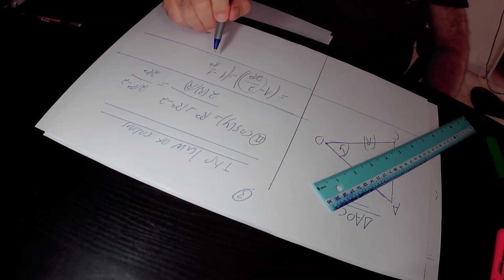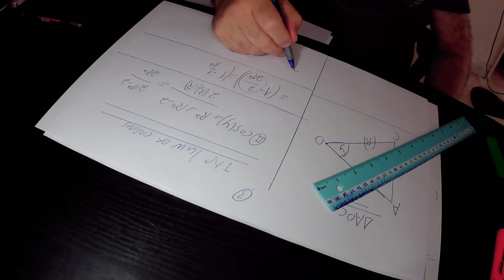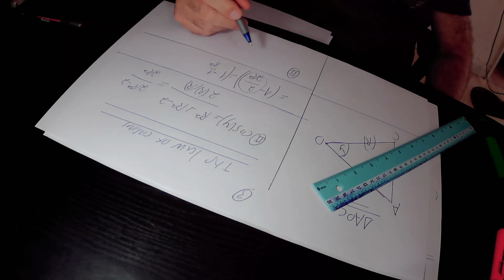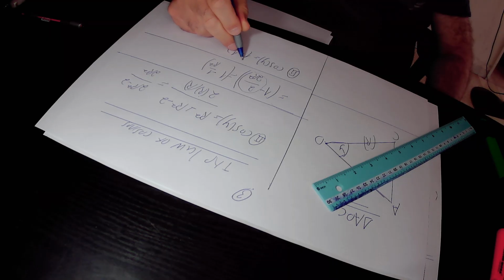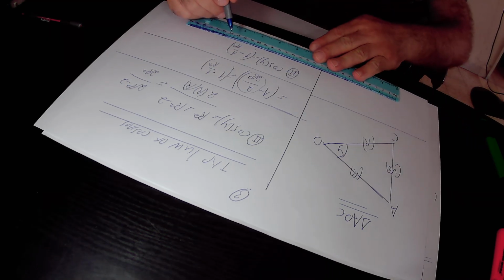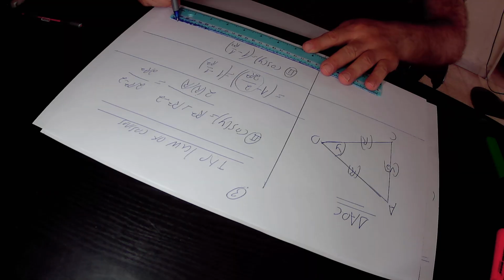So we find that according to equation 2, cosine Y equals 1 minus 1 over R squared.